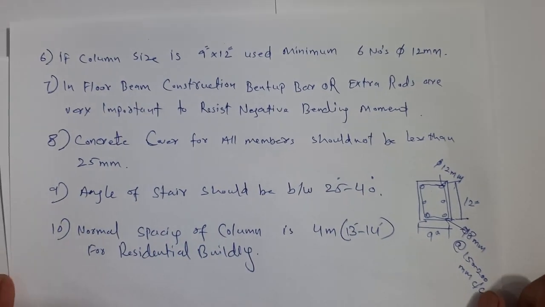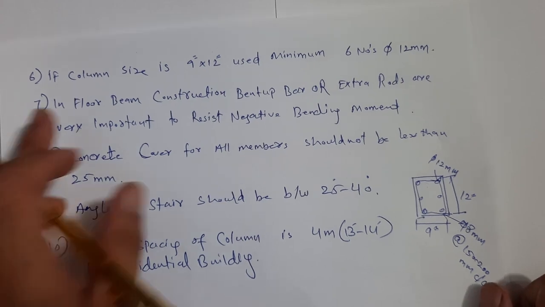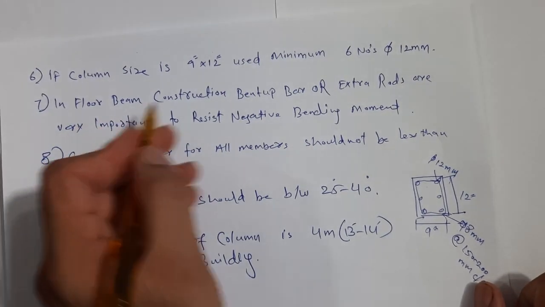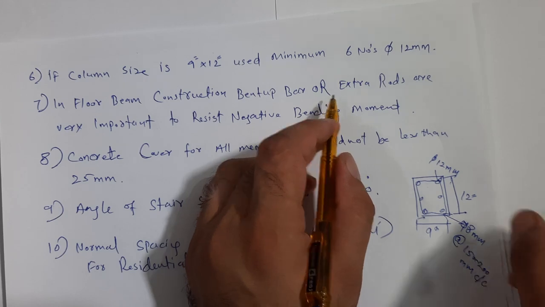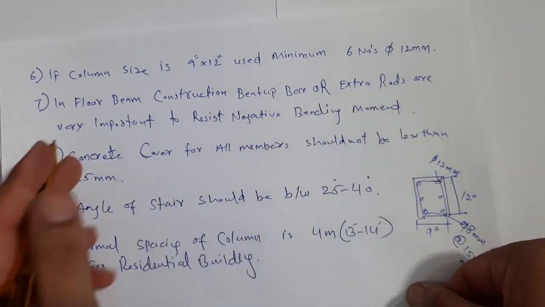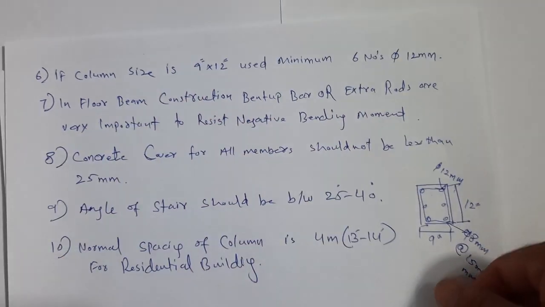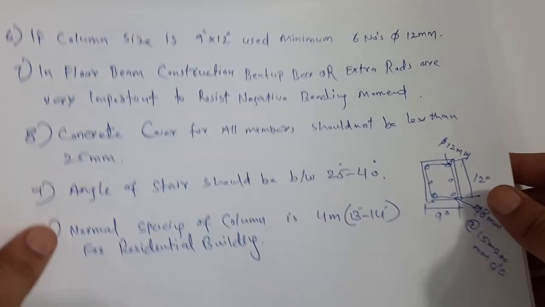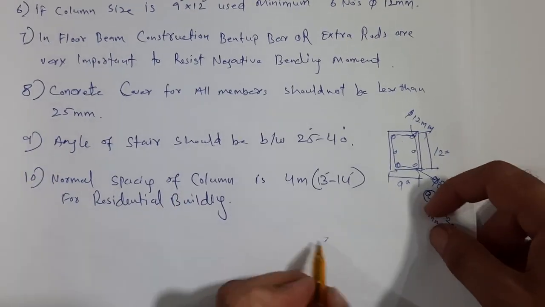Okay, the next one is, guys, here the 7th one: in floor beam construction, bent up bars or extra bars are very important to resist negative bending moment. So let me guide you for this. As you can see, guys, this is floor beam.